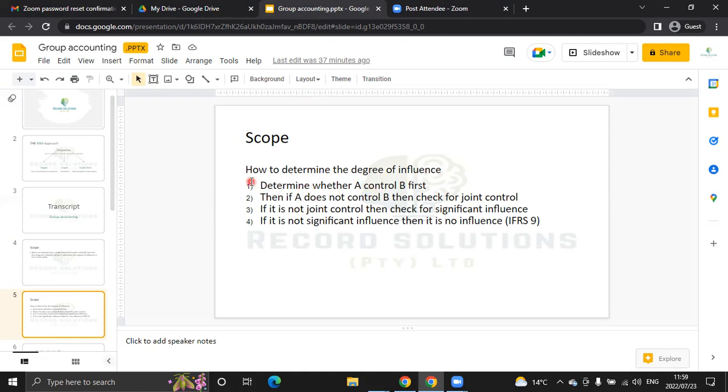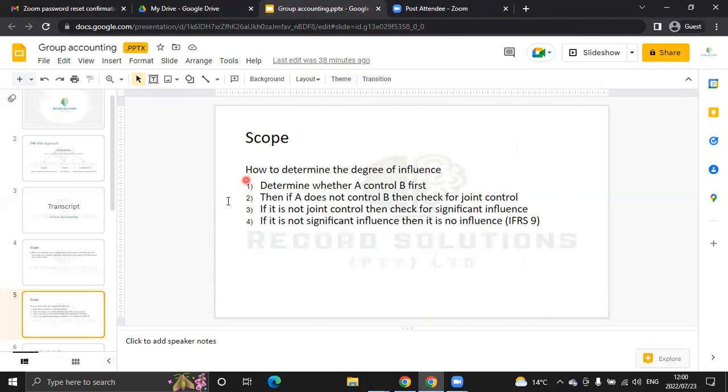And then secondly, if entity A does not control entity B, then you check for joint control. That's another level of influence. So this is the first degree of influence, control. The second one you check for is joint control, but you never check for joint control before checking for control. However, I will do a whole session explaining how to determine this degree of influence.